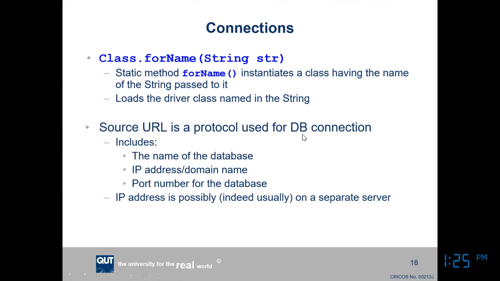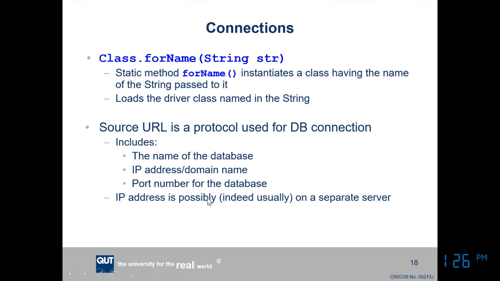The source URL is a protocol used for the database connection, so that includes the name of the database, the IP address or domain name of the server to connect to, and the port number to connect to. So it will then connect to that IP address and that port and attempt to open that particular database.